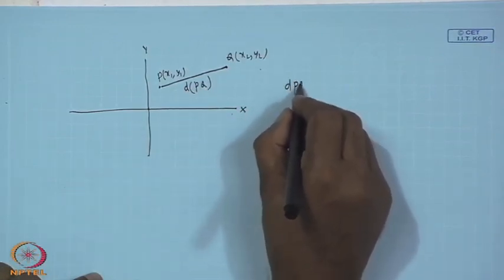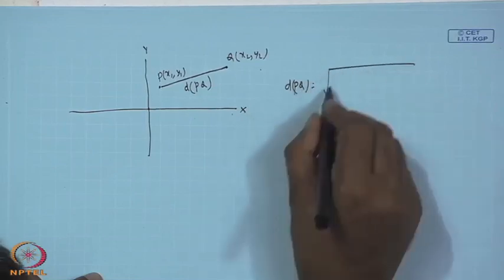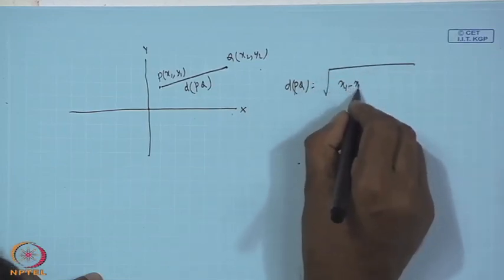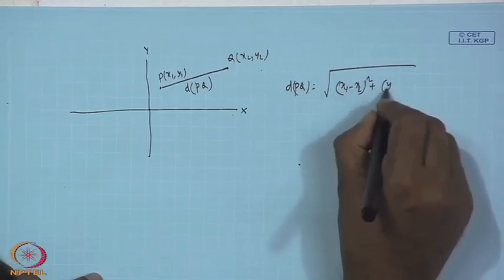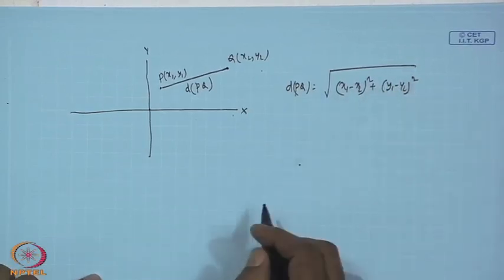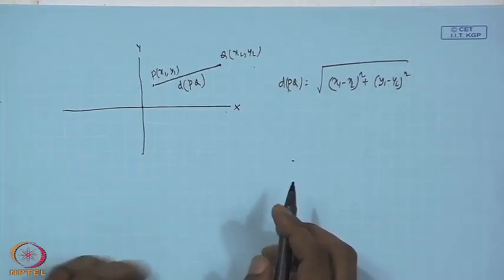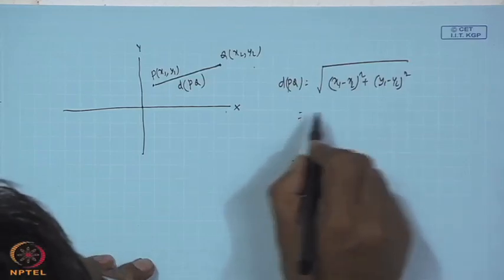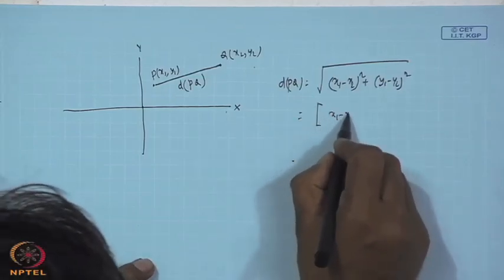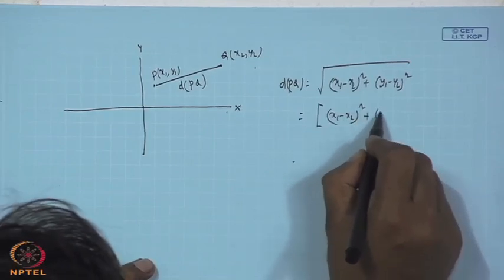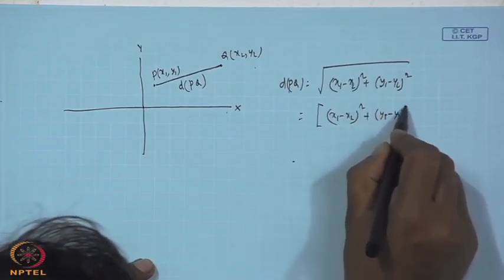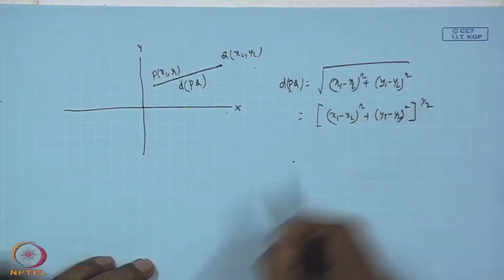We can write dpq equal to square root of (x1 minus x2) squared plus (y1 minus y2) squared, that is, this to the power half.